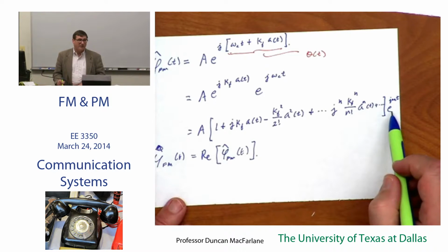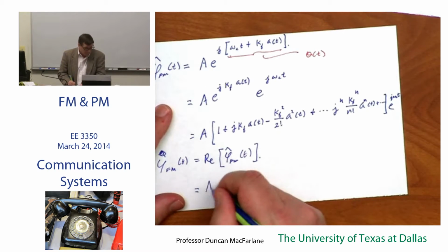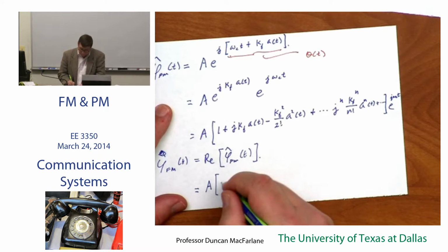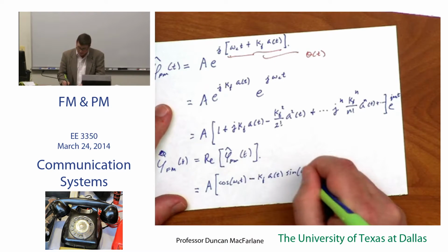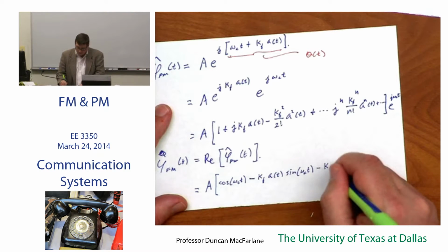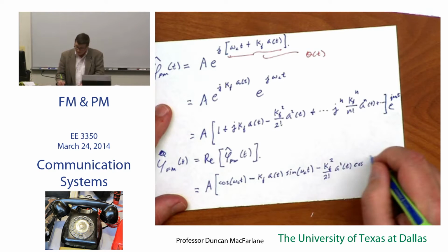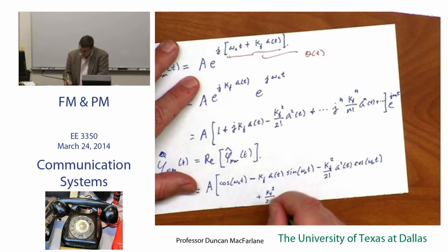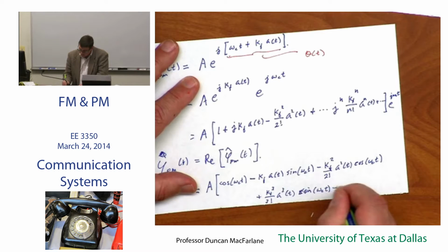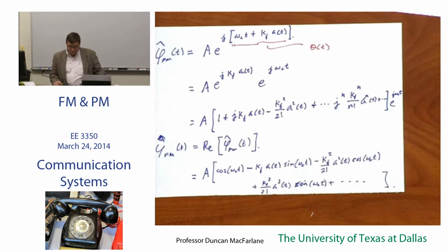And so that j will multiply by the sine term, the j sine term. And that'll be my real part. So. Okay.